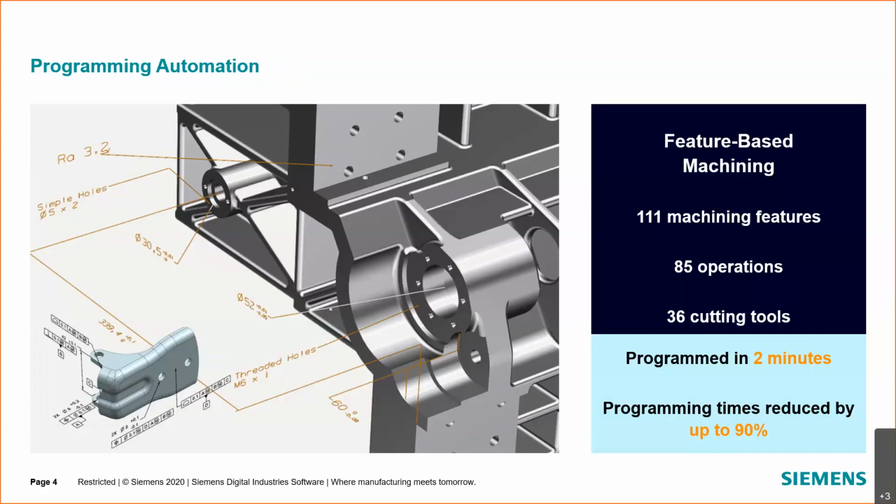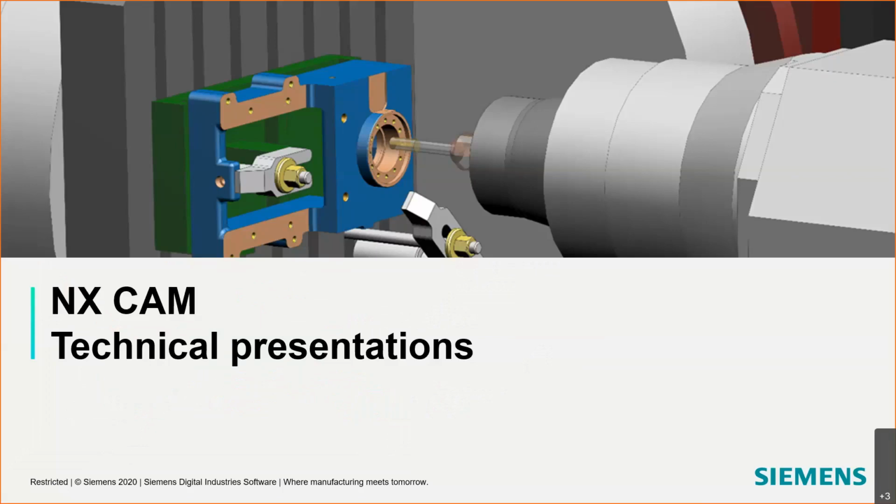It's important to emphasize that with the Siemens NX technology, we follow what we call a model-based definition process, which is simply the practice of producing a complete digital definition of a product within a 3D model. This includes, of course, the geometry, PMI, and other metadata to be consumed by downstream manufacturing processes across the company. With that, I would now like to hand over to Steph and Joe for the technical presentations.